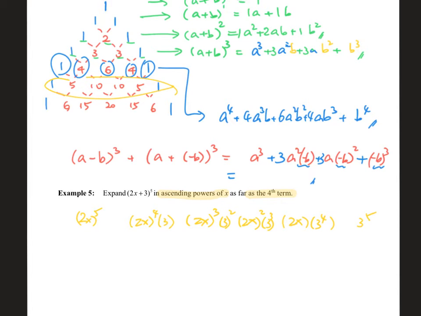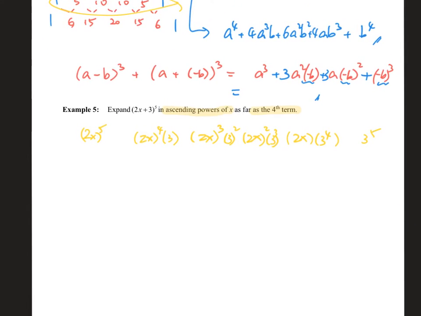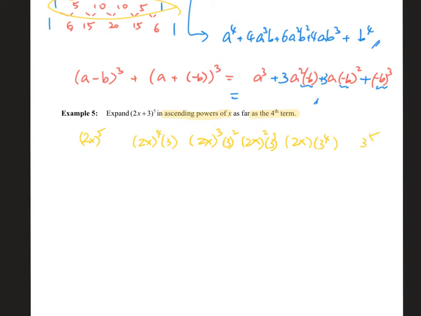Though it can give you the answer, you are not using a very smart way to do so. So in this case, I will change the order. I first write 3 to the power 5, because the a and b you can make a choice of yourselves. So I write 3 to the power 5, 3 to the power 4, 3 cubed, 3 squared, 3, and no 3.